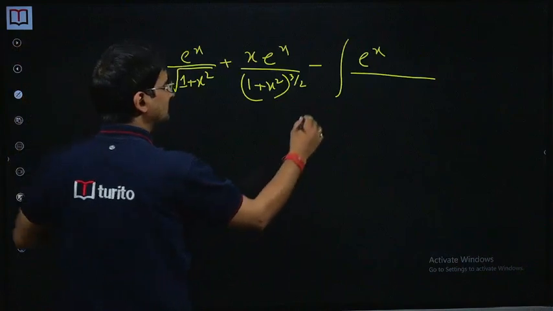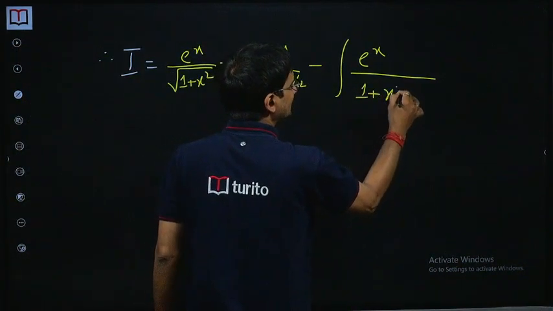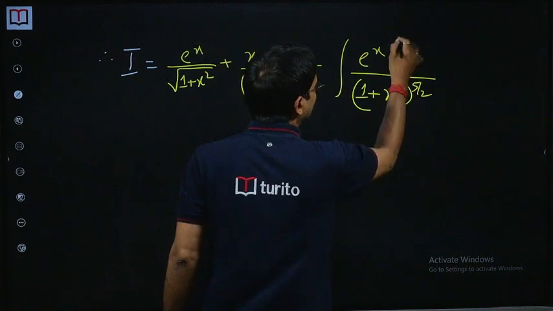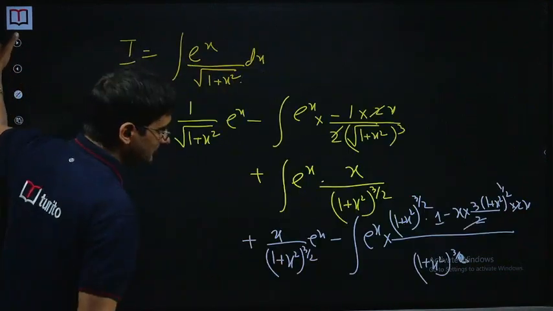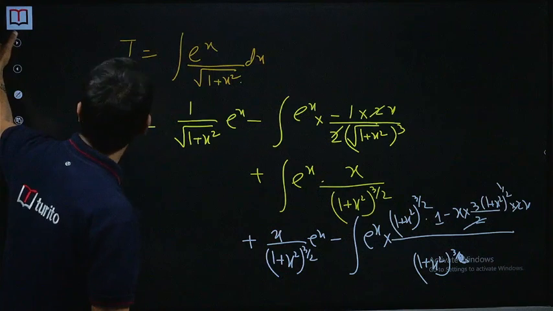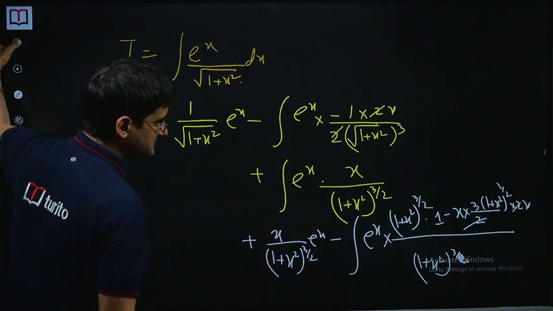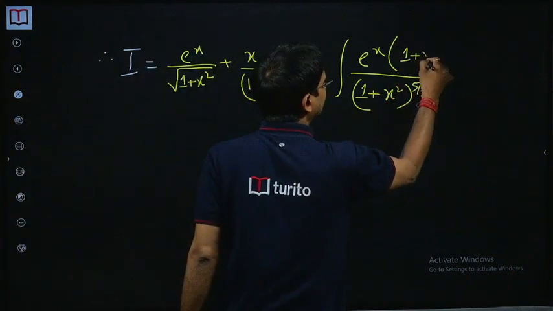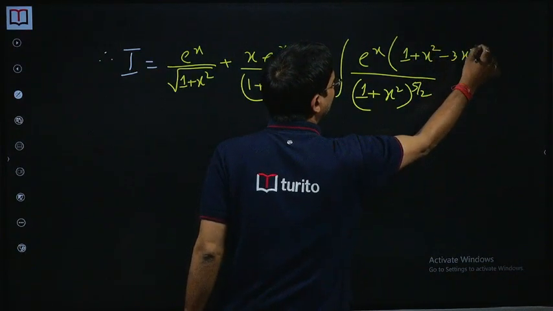See, we got 1 plus x square, that was the primary target here. Now what are we left with? We are left with 1 plus x square there, first term. So 1 plus x square minus 3x square, and I think we got it.